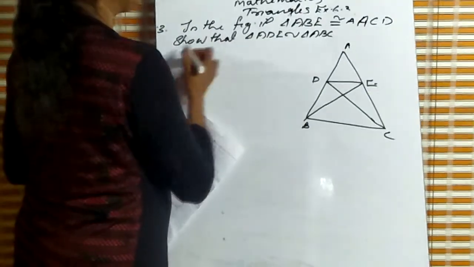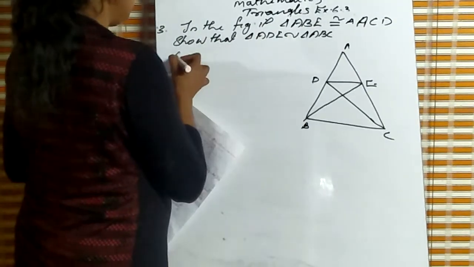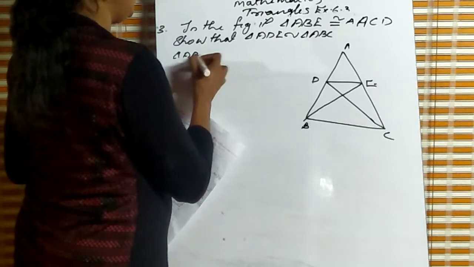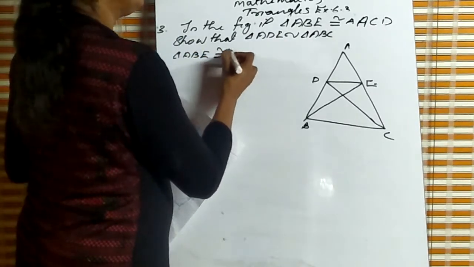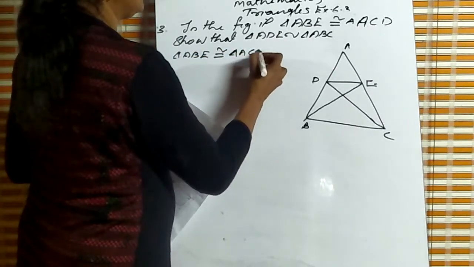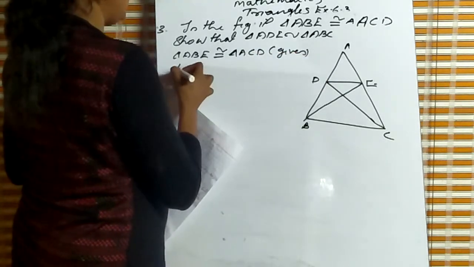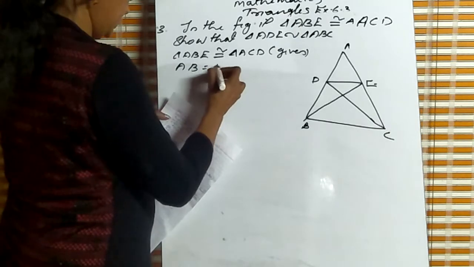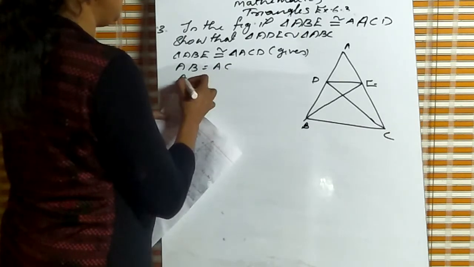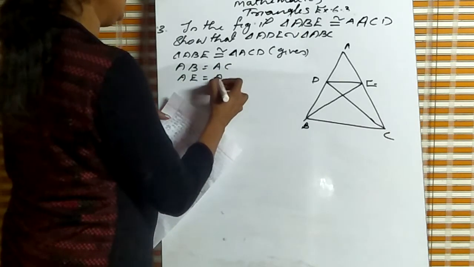Then what is given first in the figure? Triangle ABE is congruent to triangle ACD. That is given. From this, we can write AB is equal to AC and AE is equal to AD.